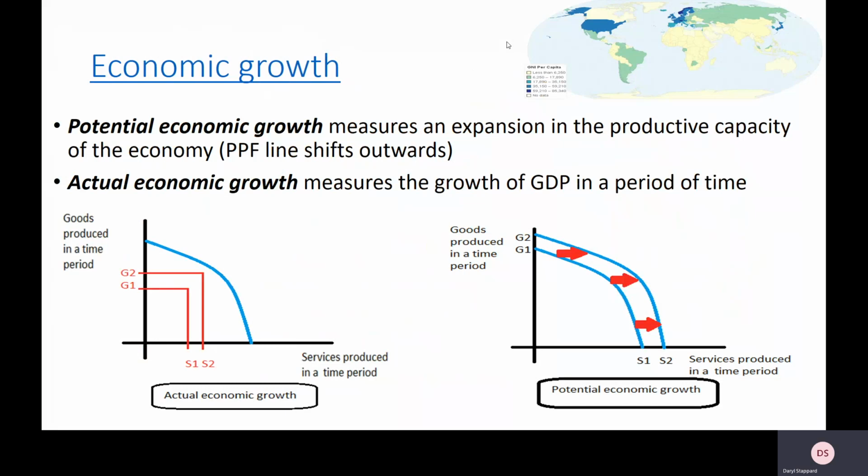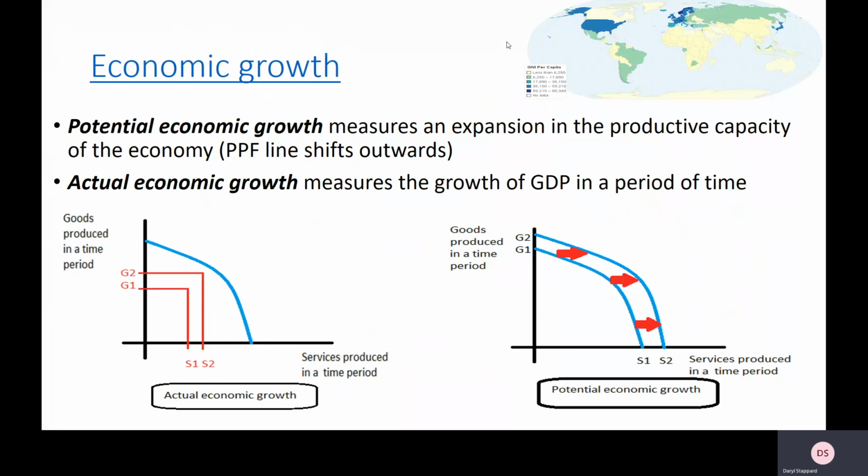Remember, the PPF measures the maximum number of goods and services produced in the economy, or could be produced in the economy. So when actual output moves closer to the PPF, it means the amount of unused resources, or what we call spare capacity, is falling in the economy. Just to make sure we understand that, when we move from G1S1 to G2S2, the economy has experienced actual economic growth.